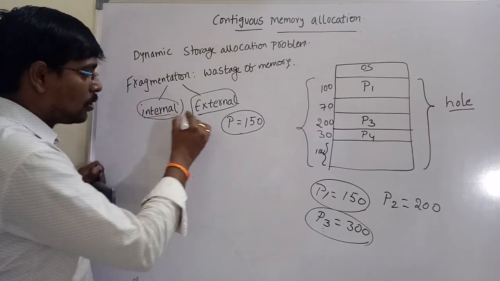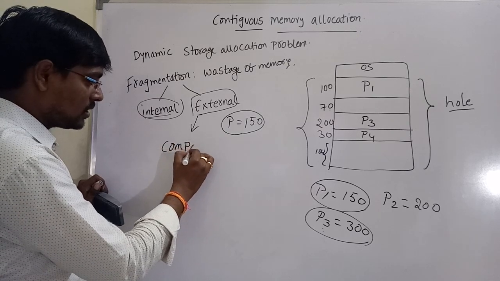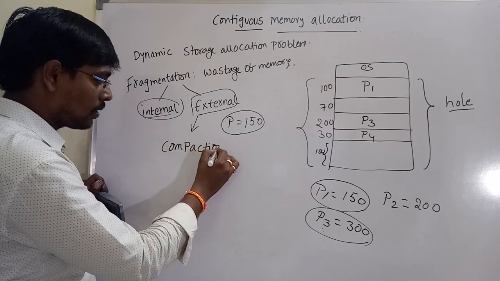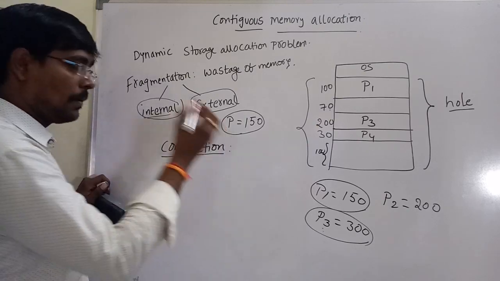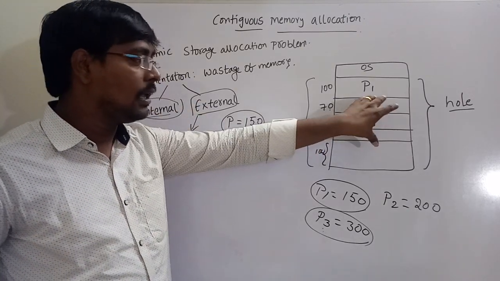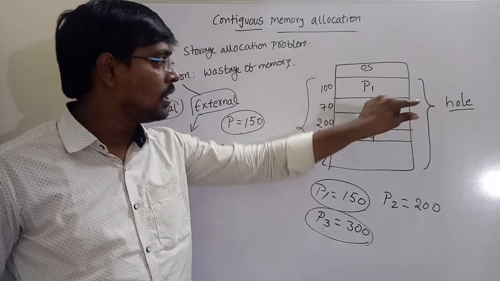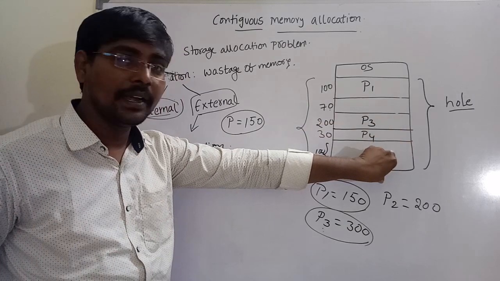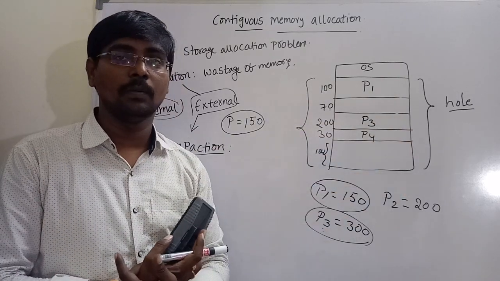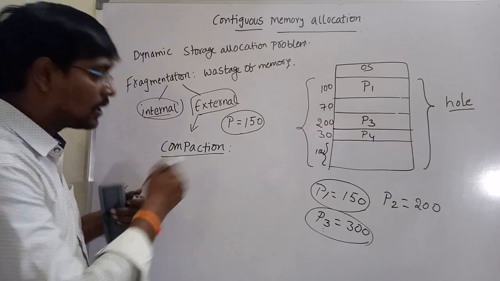What will we do to overcome external fragmentation? One technique is compaction. Compaction means whenever a process terminates, that free memory is added to the already available memory.